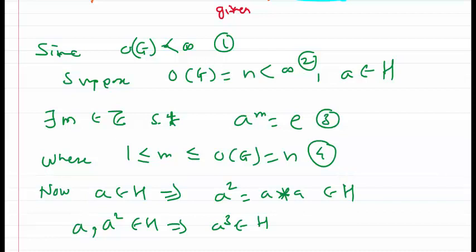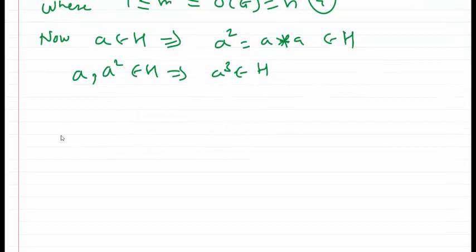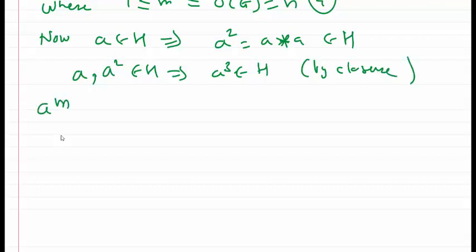In general, by closure property, A raised to M belongs to H. This is in general.